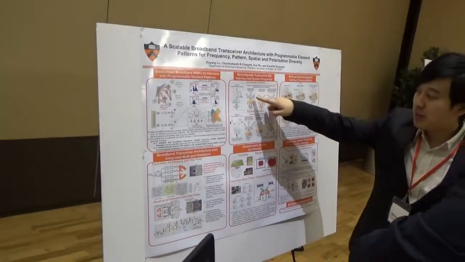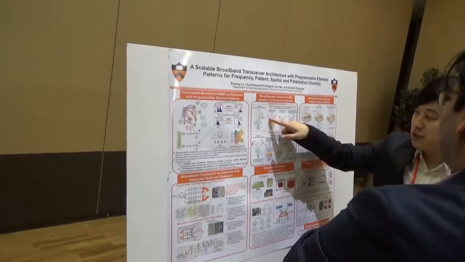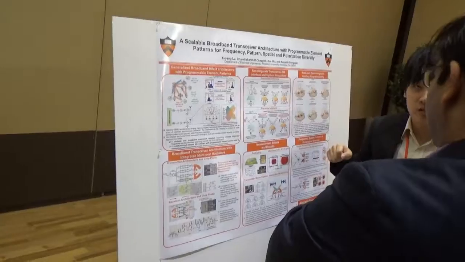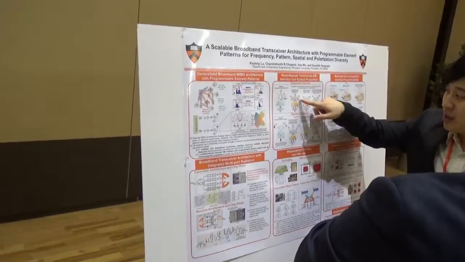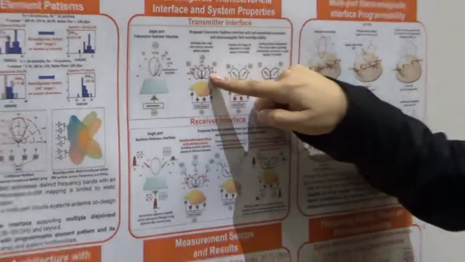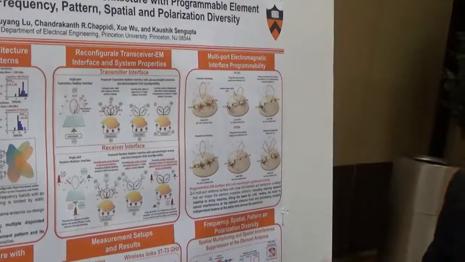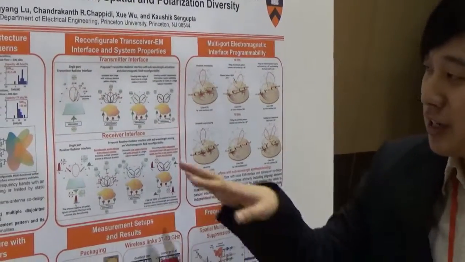Now, if we introduce some tunability of each of the elements to focus the beam at plus 45 and minus 45 degrees, and then use the traditional phased array technique, at 60 degrees you get minus 0.9 dB rather than minus 14 dB, which is a very strong improvement.